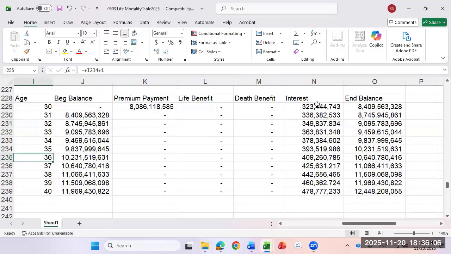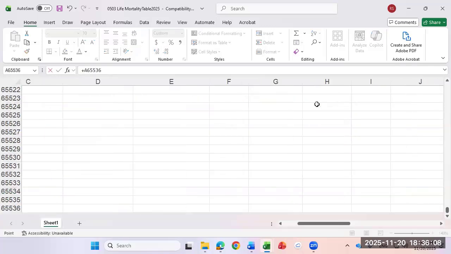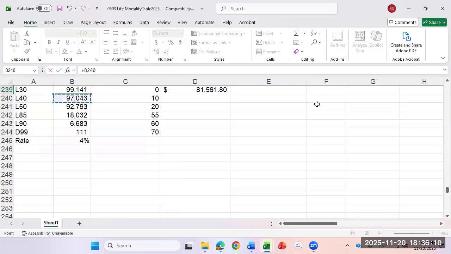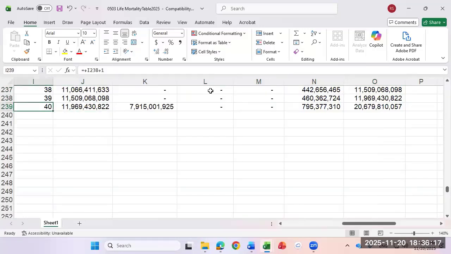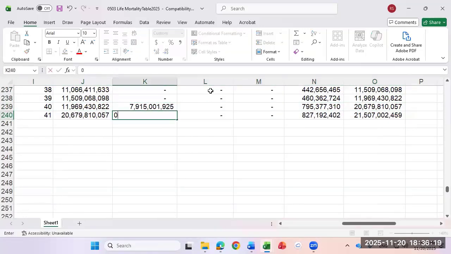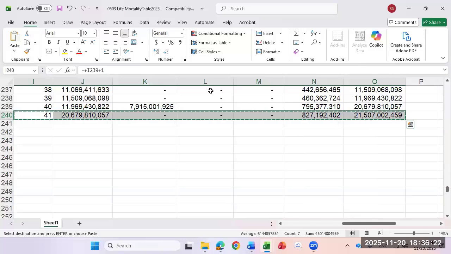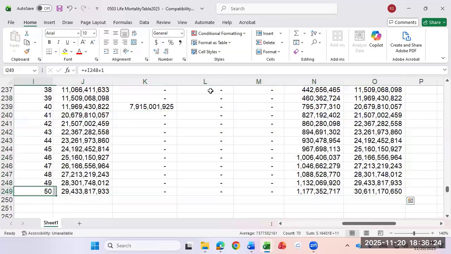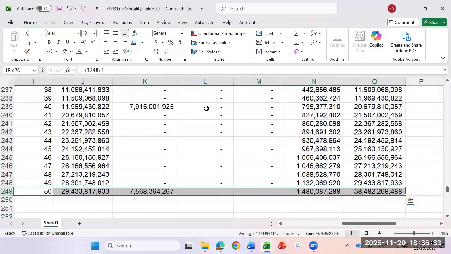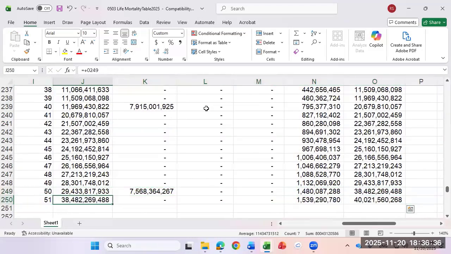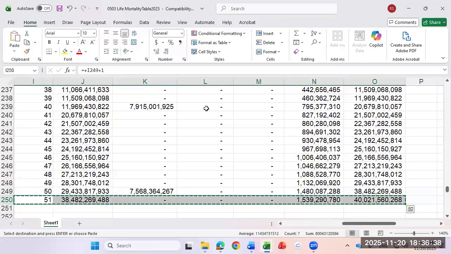Go out to age 40, and at age 40, we get another premium payment. No benefits, some interest. That goes to age 50. Get another benefit, another premium. That's going to go to age 80.